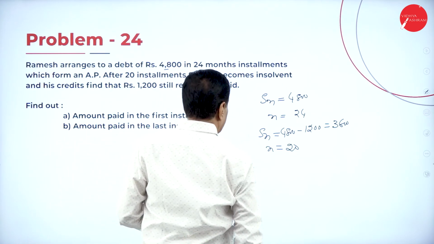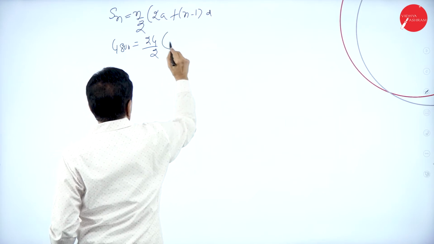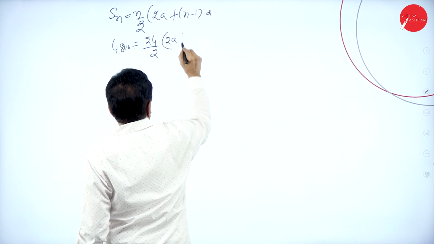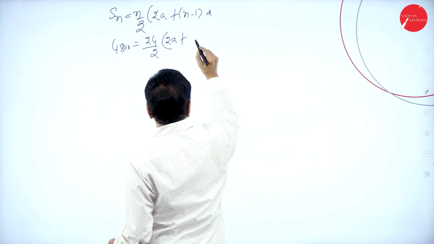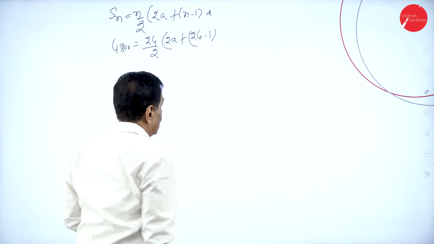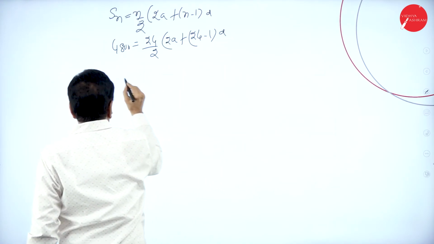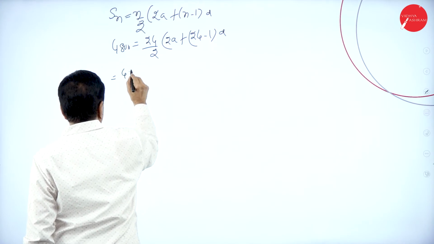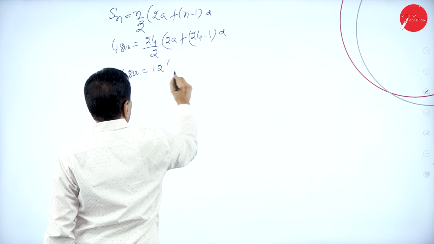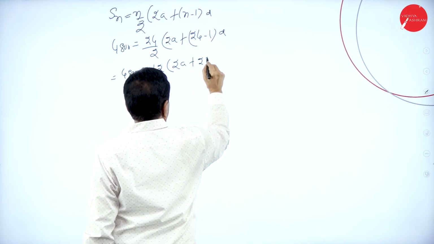Number of installments 24 divided by 2, into 2a plus 24 minus 1, and the difference we don't know, d. Simplify: 4,800 is 12 into 2a plus 23d.